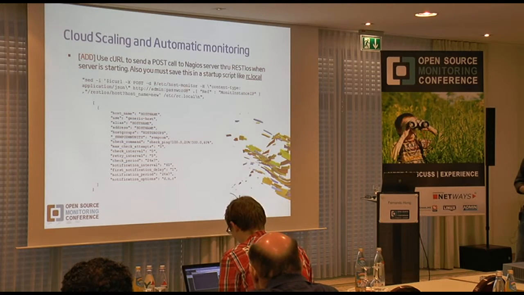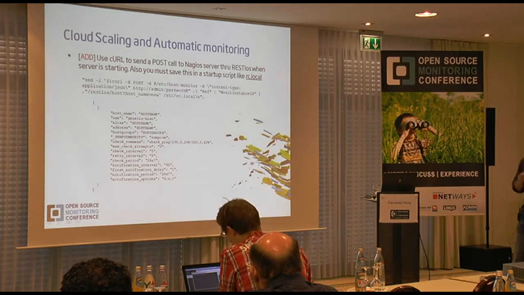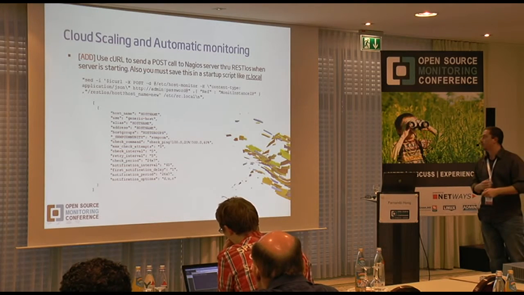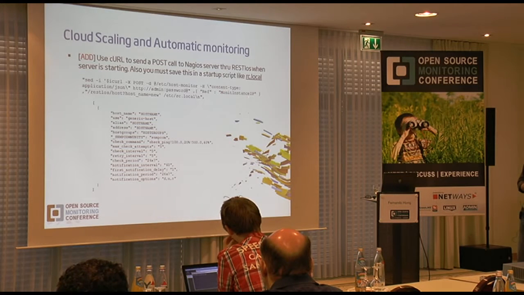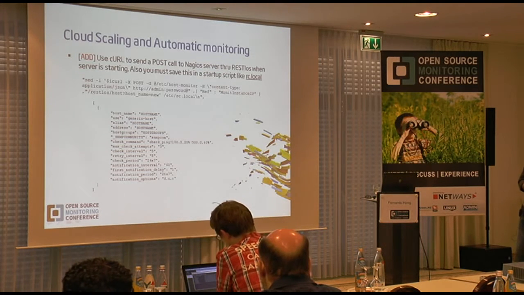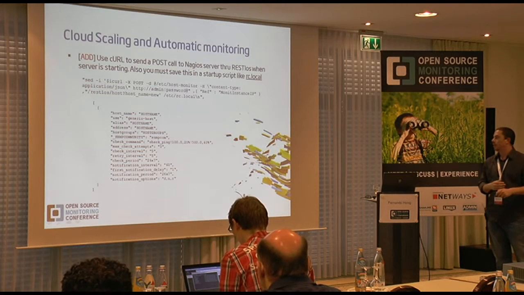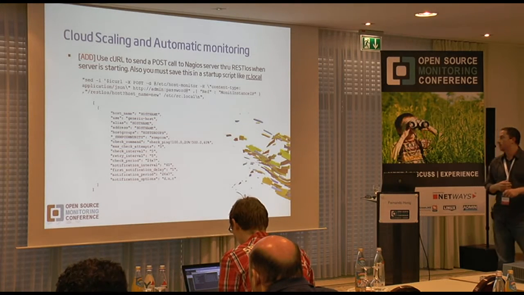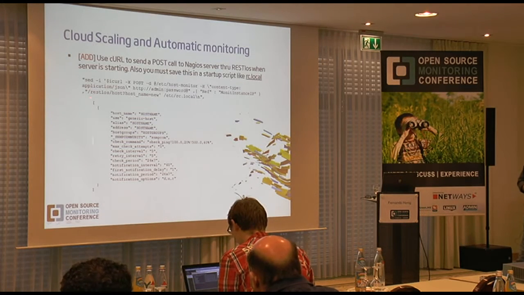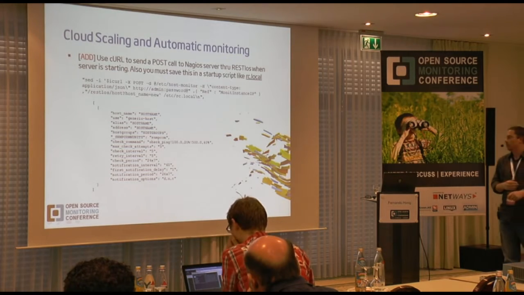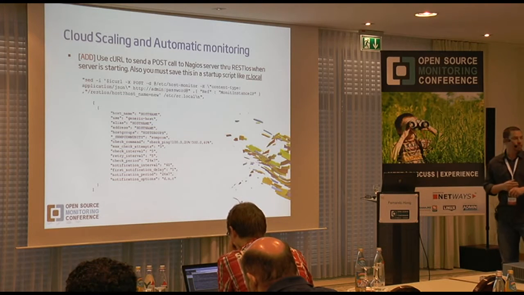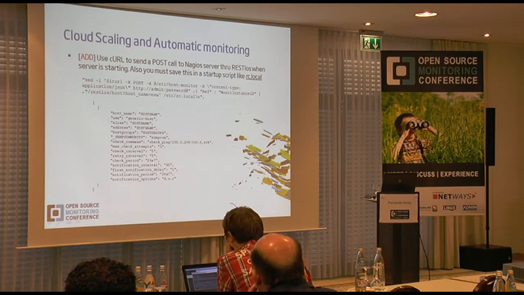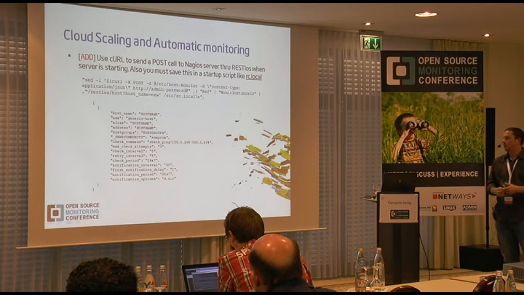We download a host monitor file, a common file for all our servers, and then we pass the monitoring instance IP that we are using at that time, calling the RESTless API. It's JSON based, so what we do is replace the host name and the community here in order to configure all our servers.